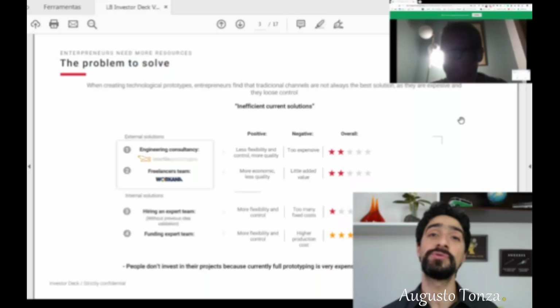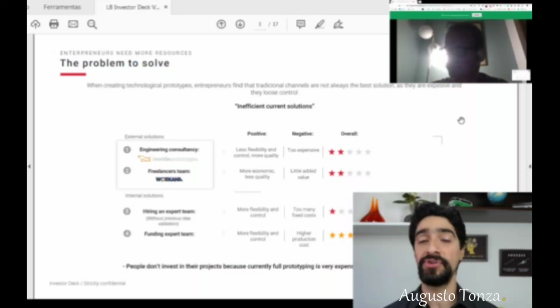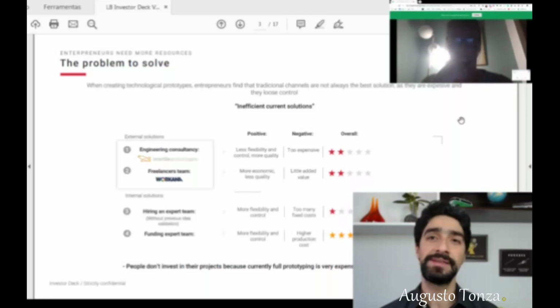The problem of John is that he is trying to find the best way to build it. He has a good idea, but the way that he imagined that it could be built is not the best one. However, Mark is an engineer that knows exactly what to do, but he doesn't have an idea.